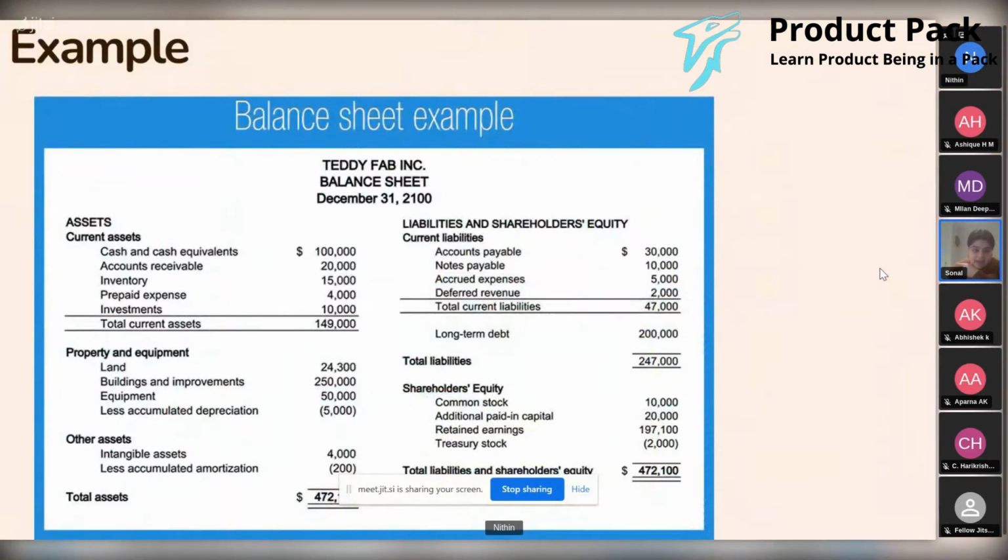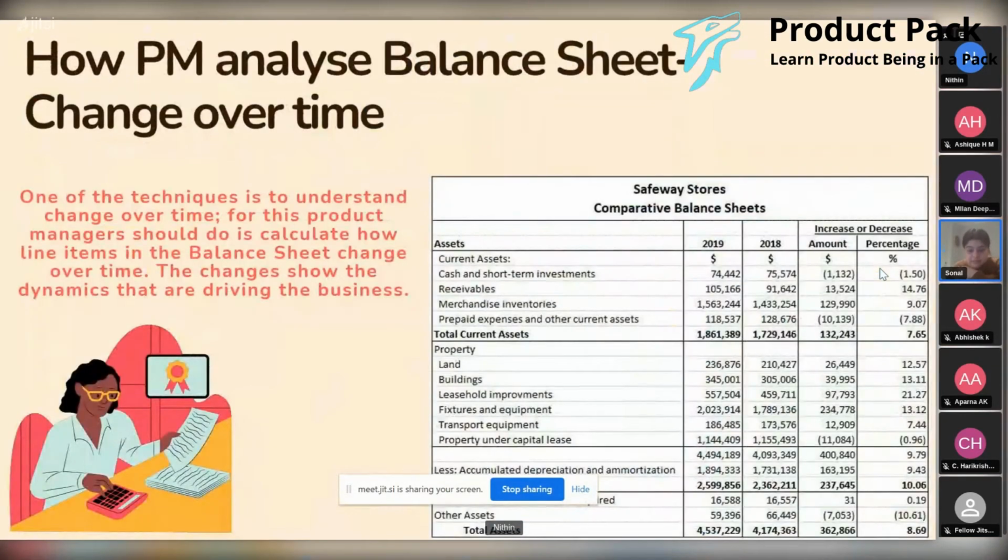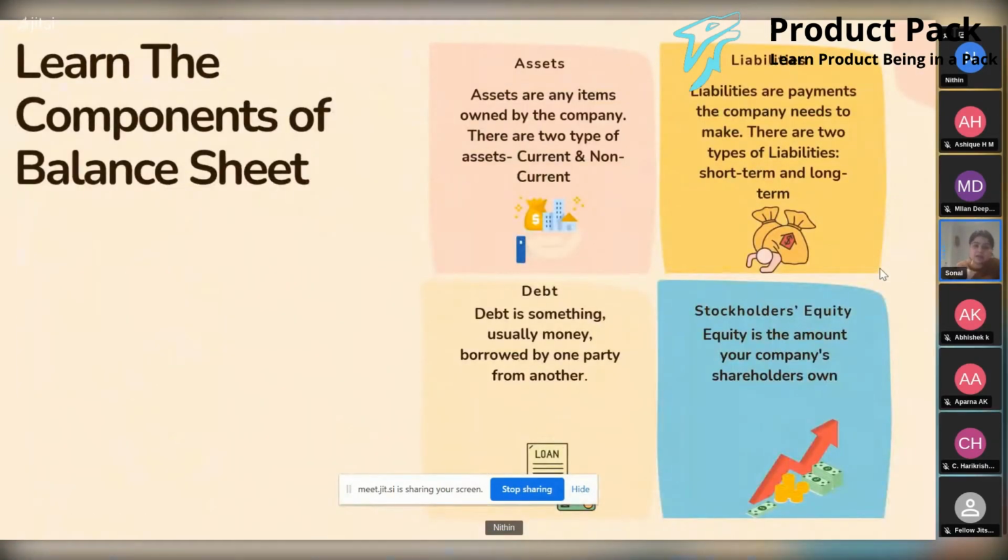So, for example, cash, marketable securities, and accounts receivable are all examples of current assets. Items like buying a property, buying equipment, intangible assets, goodwill, and deferred tax assets are all examples of long-term assets.